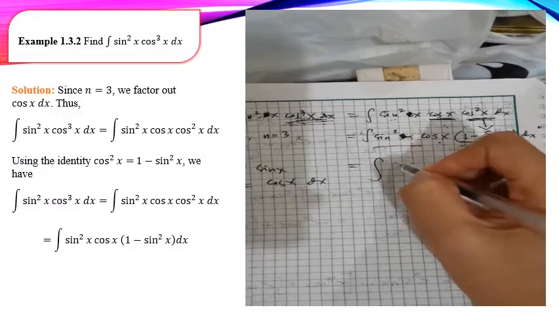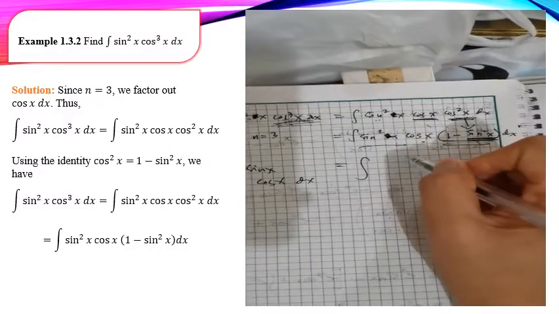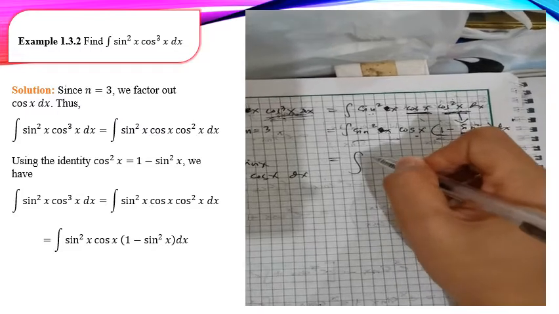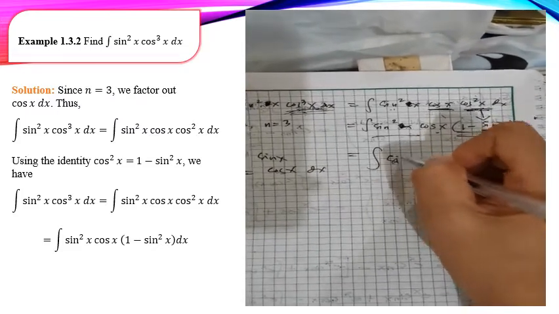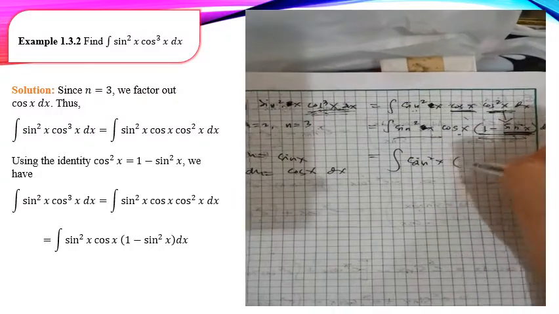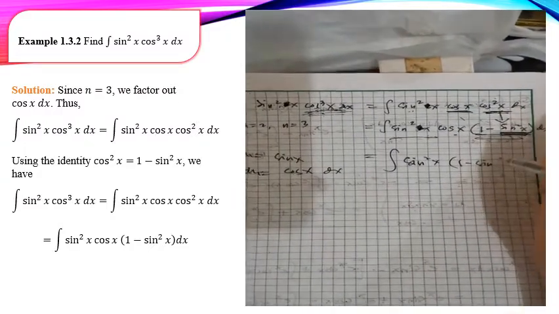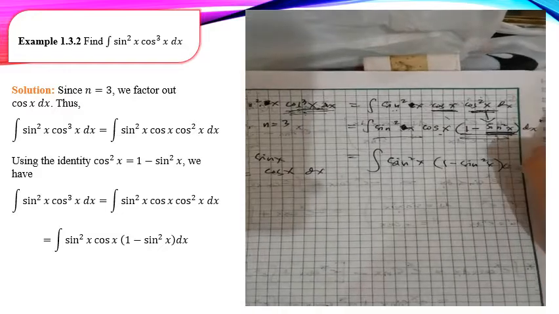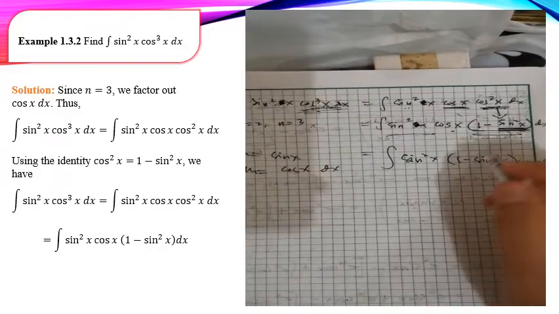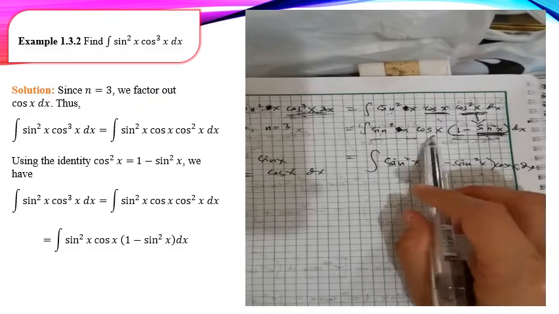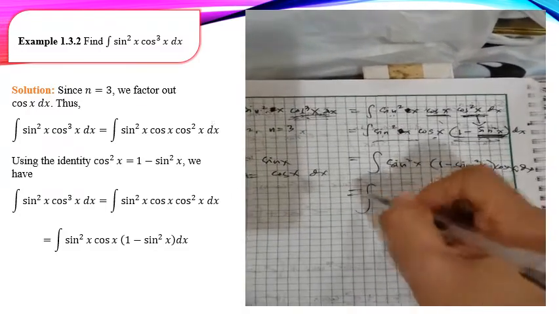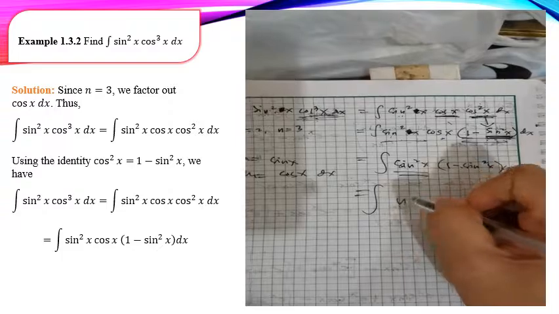Ibig sabihin, ang mangyayari dito is, i-rearrange lang natin. So, we have sine squared x, 1 minus sine squared x, cosine x dx. So, we have, eto, that is u, di ba?